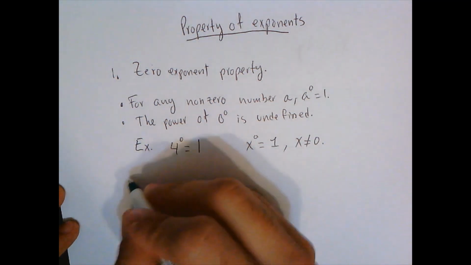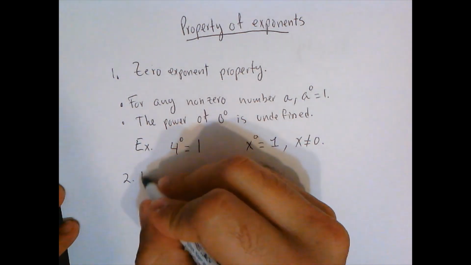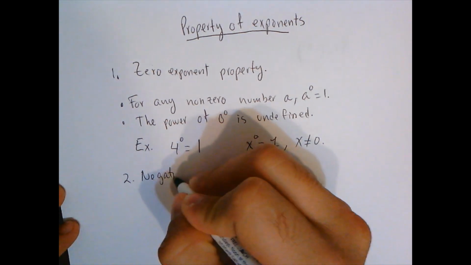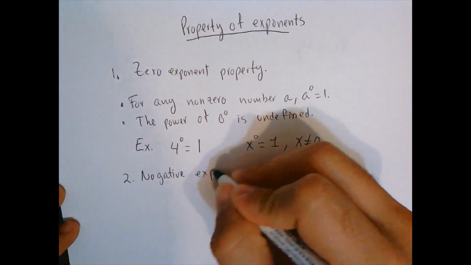Now I'm going to explain the second property of exponents, and that is the negative exponent property.